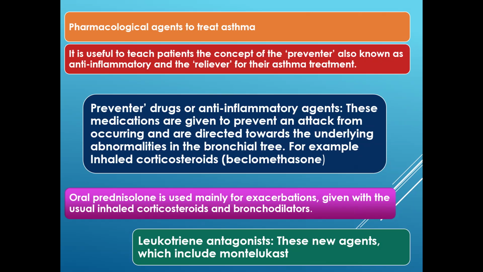One of the drugs used is the inhaled corticosteroids, such as beclomethasone. There are many of them, budesonide and others, that are inhaled corticosteroids. Another drug used as a preventer or anti-inflammatory is oral prednisolone, which is mainly for exacerbations.